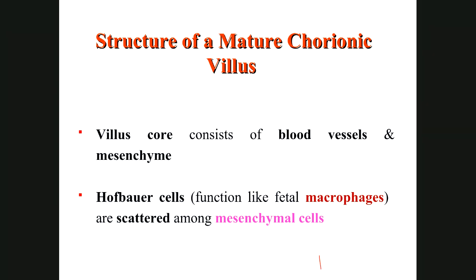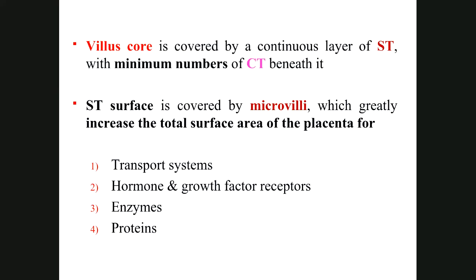This villus core is covered by a continuous layer of syncytial trophoblast with a minimum number of cytotrophoblasts beneath it. The syncytial trophoblast surface is covered by microvilli, which greatly increase the surface area of the placenta for transport of materials, hormones, growth factors, enzymes, and proteins.